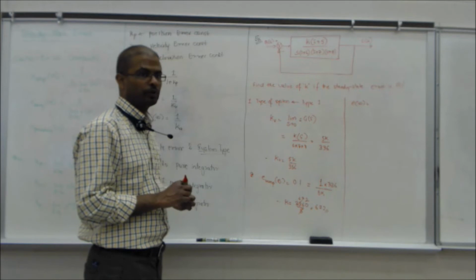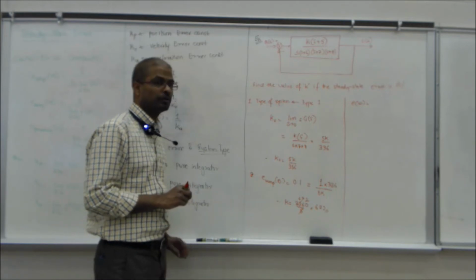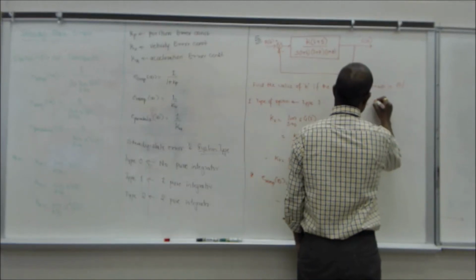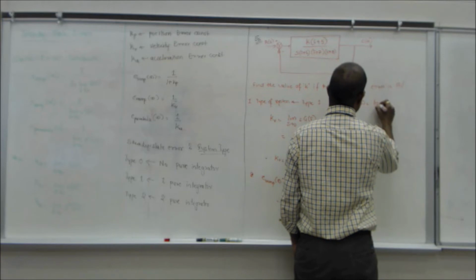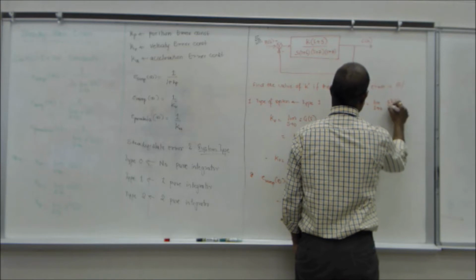Regardless of what kind of input, you can even go to the limit. The limit is s tends to 0 of s times R of s, or times inverse. So this is the limit of s tends to 0, s times R of s over 1 plus G of s.